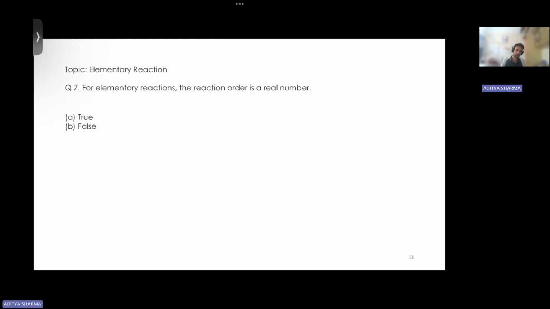But for your elementary reactions, the reaction order is always an integer. Okay. So in that case, this is positive.